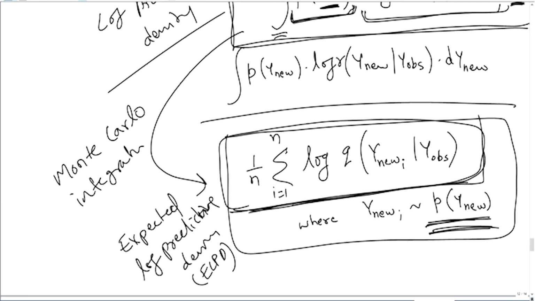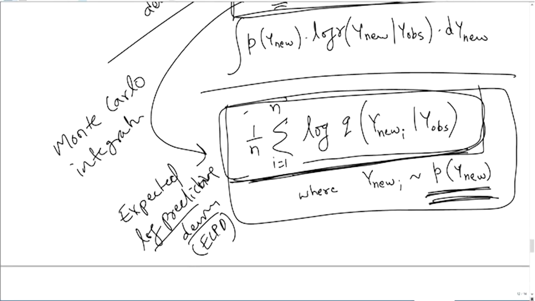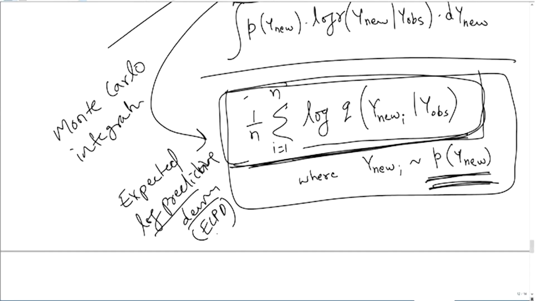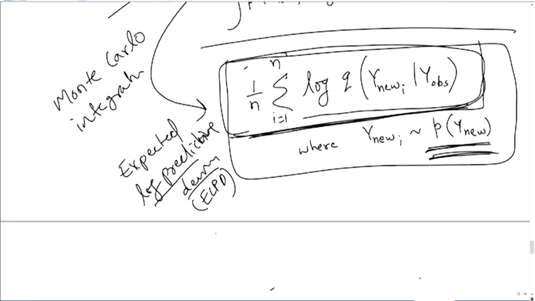Whenever we do this Monte Carlo integration, this part is basically taking the average value of this function over a large number of values under repeated sampling from P of y new. This would be called the expected value of this log predictive density function. So this is the expected log predictive density of the model, and this is what we are going to use as a measure of predictive accuracy.